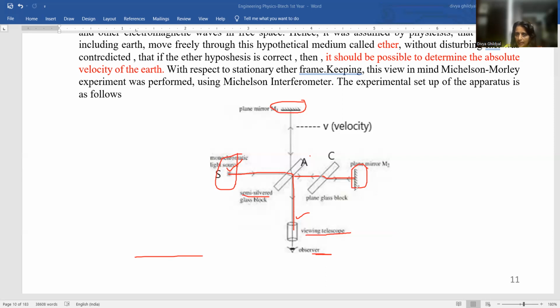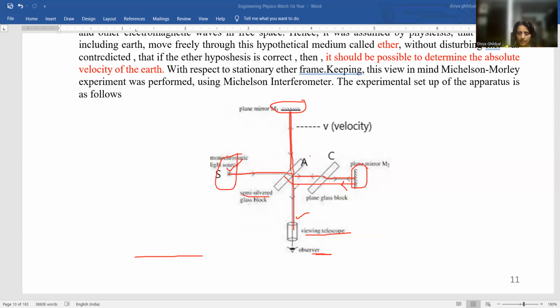Since this is a plane mirror, this ray of light will be reflected back, as you can see here in the arrow, and again it is going to retrace its path here, and some ray of light will be following this path, reaching mirror M1. Again, this is a plane mirror, so it will retrace its path back.